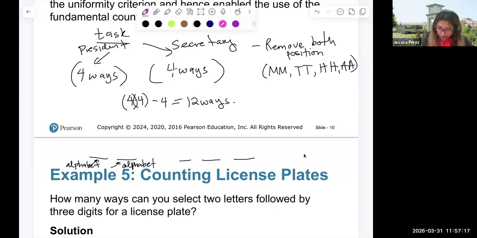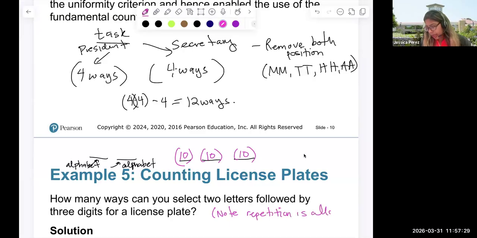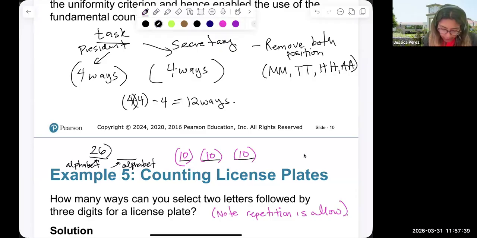So that's 10 ways, 10 ways, and 10 ways. It doesn't mention repetition, so note repetition is allowed. It doesn't say anything about not allowing repeats, so all 10 digits are allowed. Same thing with the alphabet: there are 26 letters in the alphabet, and 26 letters.